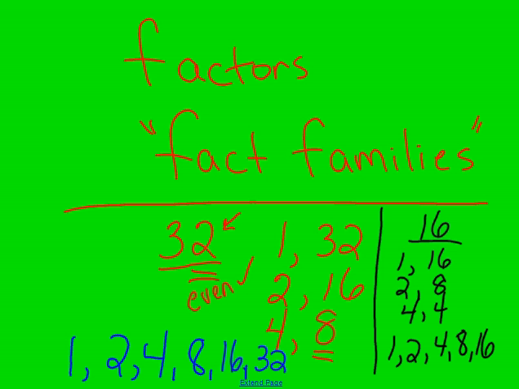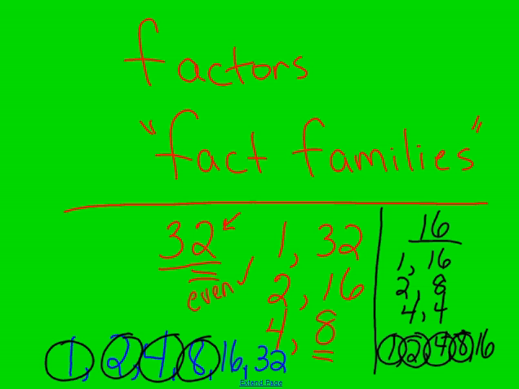I would circle the ones that are the same. 1 is the same, 2 is the same, 4 is the same, 8 is the same, and 16 is the same. In this case, 16 and 32 all share the factors of 1, 2, 4, 8, and 16.